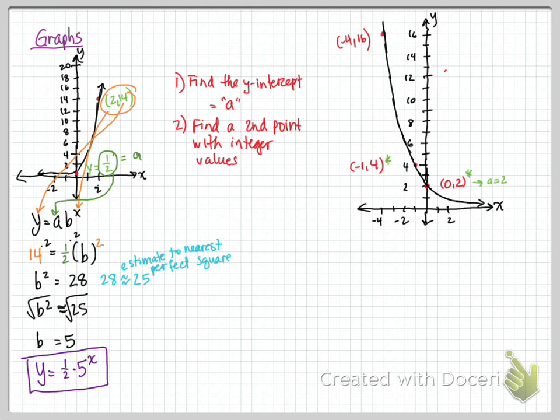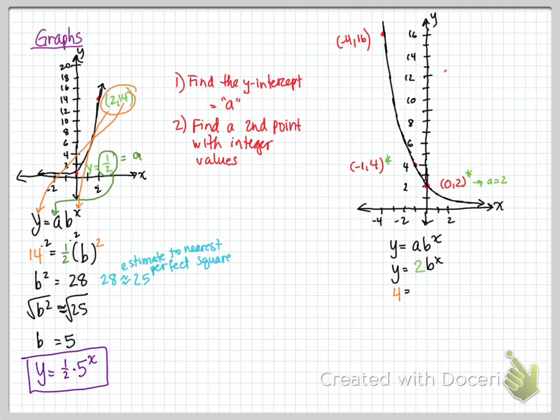So we start with the formula y equals a b to the x. We start by substituting in 2 for the a. Then the second point we add in would be the coordinates, so I'm going to have the 4 for the y.